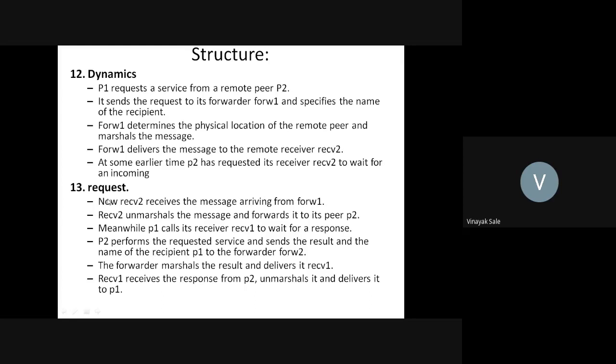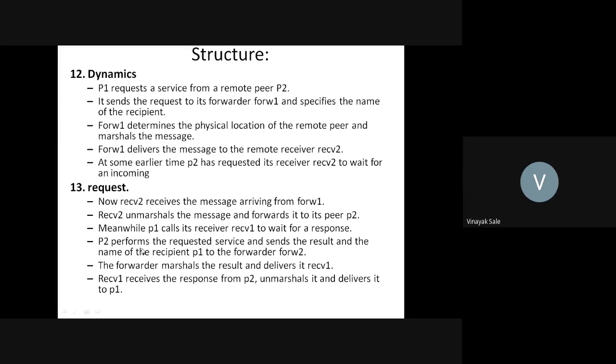Then the next part is the request. Now receiver 2 receives the message arriving from forwarder 1. Receiver 2 unmarshals the message and forwards it to its peer P2. Meanwhile, P1 calls receiver 1 to wait for a response.